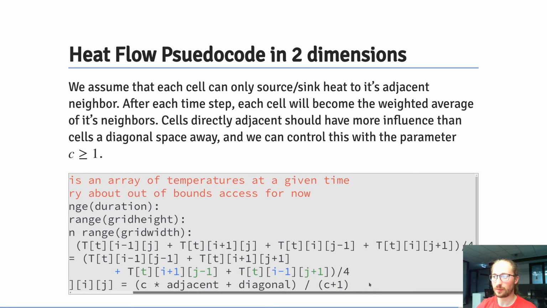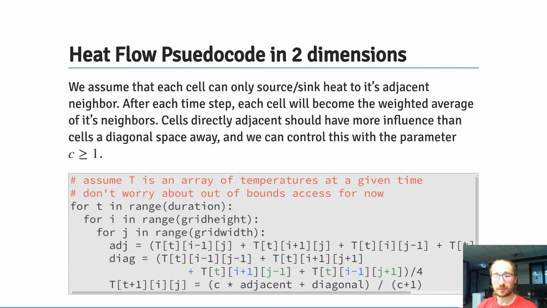We sum those up, and then we divide them by 4 to get the average. The next thing we do is we compute the average of my diagonal neighbours to the top right, top left, bottom right, bottom left. We take the average of those, and then the new temperature of the cell will be some weighted average of the adjacent cells and the diagonal cells.